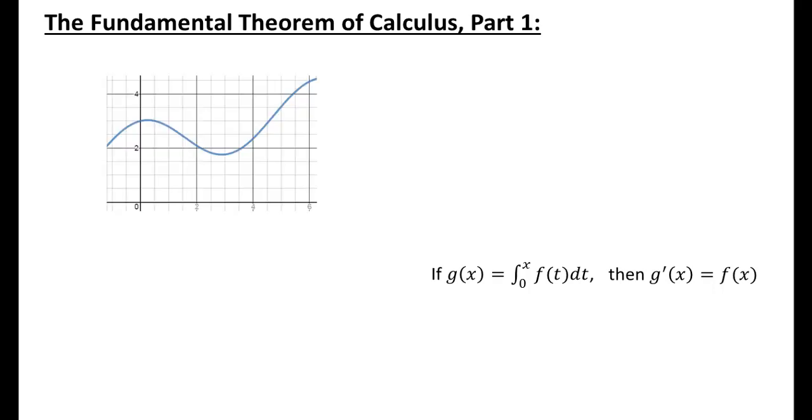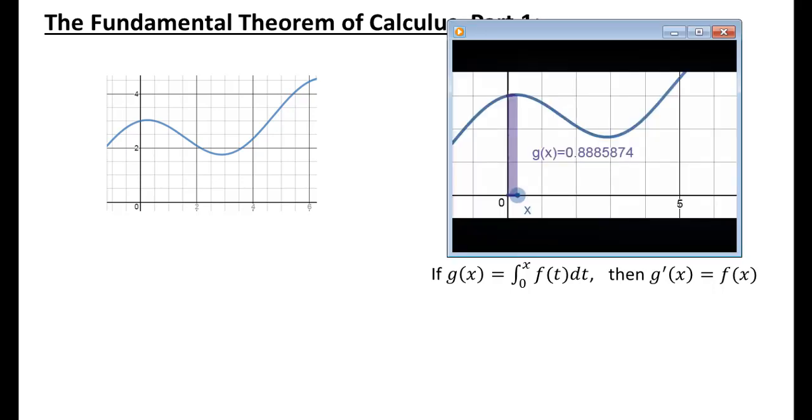So suppose we have this function here. This is our f of x function in the blue. Now, what I mean by g of x, or this area under the curve function, let me show you a little video to help explain this. So here we have the green. This blue is our function f of x, and the g of x is what I'm going to call purple here. It's this area under the curve, and as x moves along, you can see that we're getting more area under the curve in this purple.